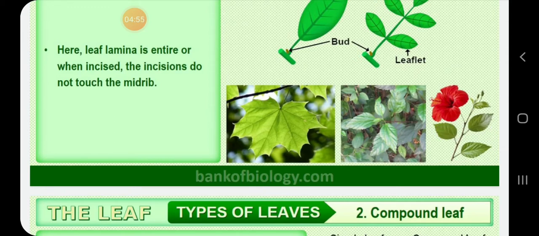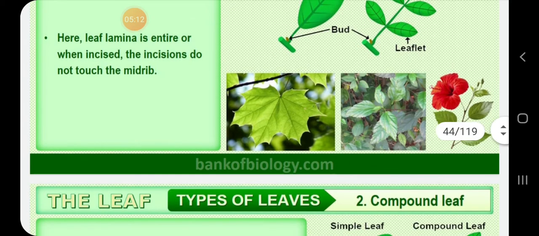Incisions means some design at the lamina boundary, for example papaya leaf or different leaves, they have different designs because their incisions are having different shapes, but these incisions do not touch the midrib, and therefore it is only a single leaf.